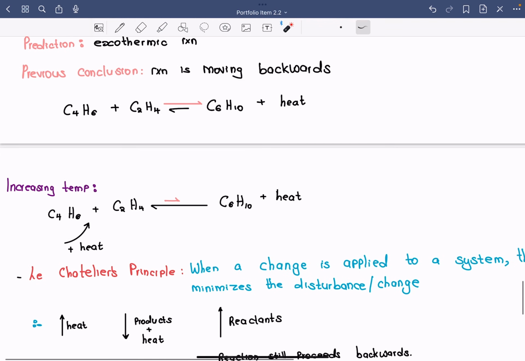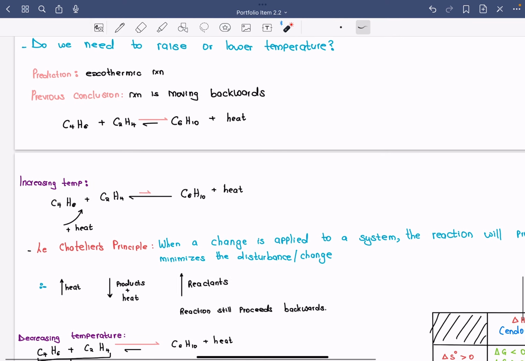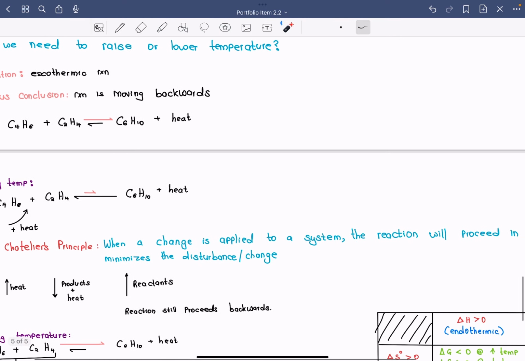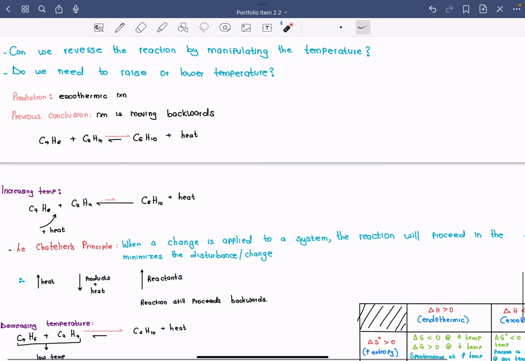So what is the effect of increasing temperature? When we increase temperature, the prediction is that our reaction is still going to proceed backwards. Why is that? Le Chatelier's principle says that when a change is applied to a system, the reaction will proceed in the direction that minimizes the disturbance.